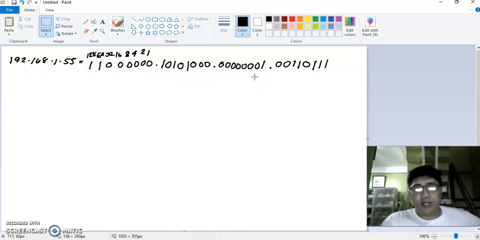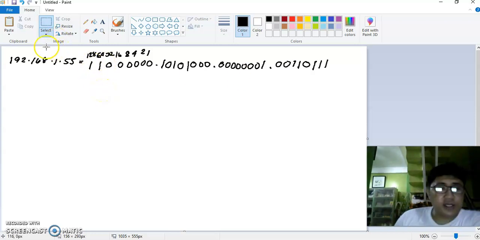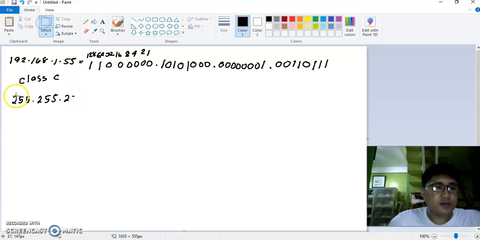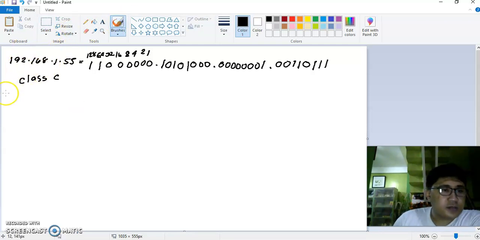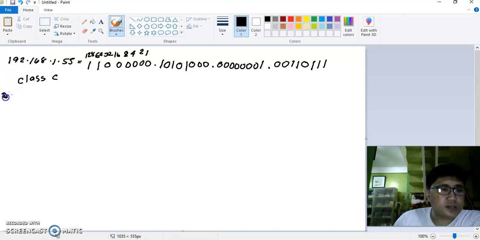Next, since we know that this IP address 192 is a class C, therefore the subnet mask of this IP address is 255.255.255.0.